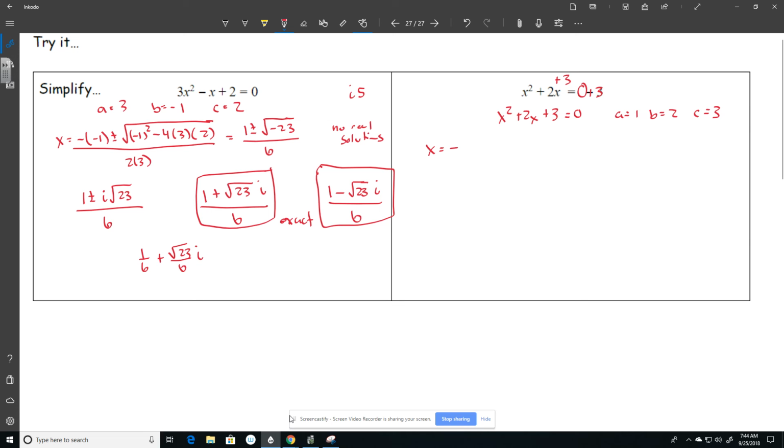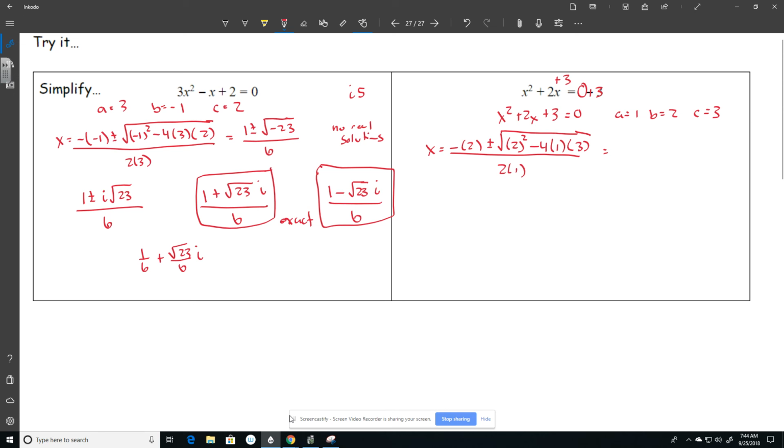negative b, so negative 2, plus or minus the square root. Yes, I still put it in parentheses because it's a habit, and I don't want to lose that habit, of b squared, which is 2. Again, I'm going to use the parentheses even though it's positive, minus 4 times 1 times c. All of that gets divided by 2 times 1.